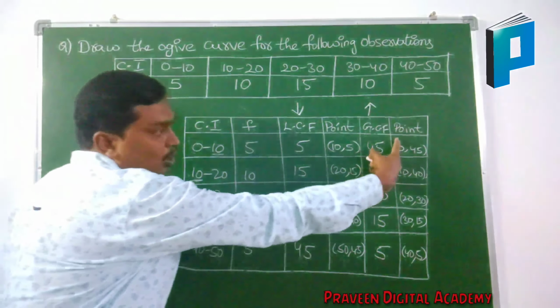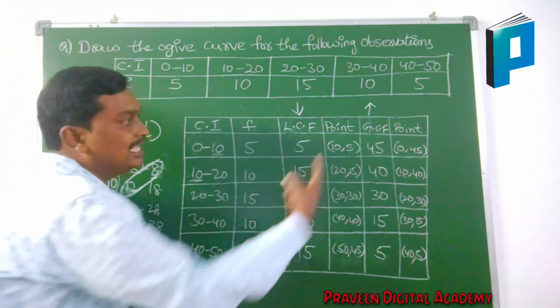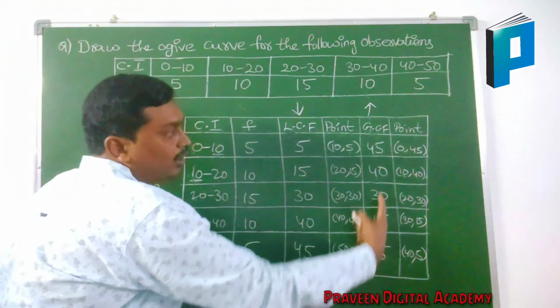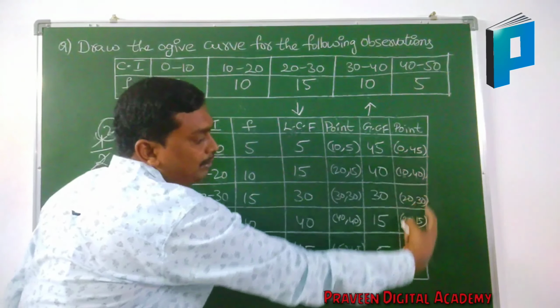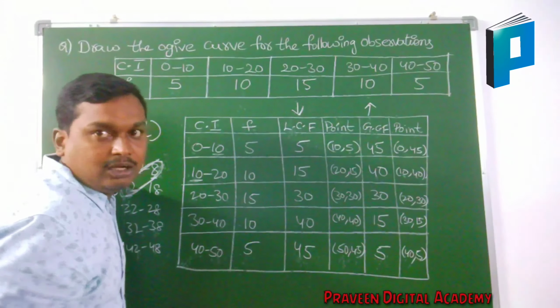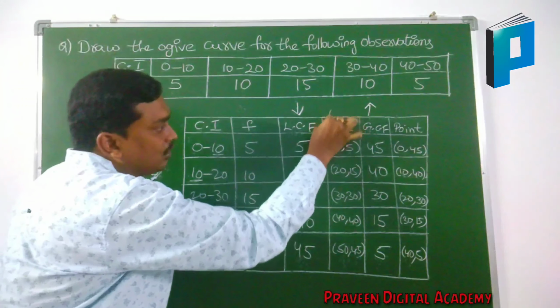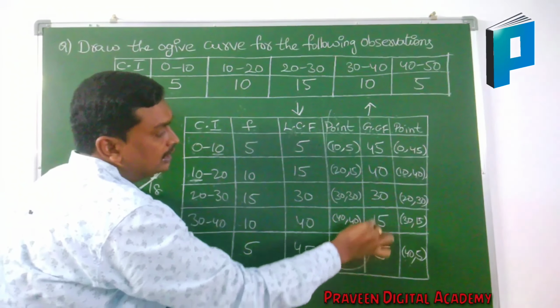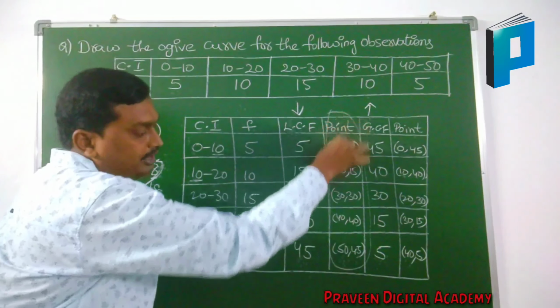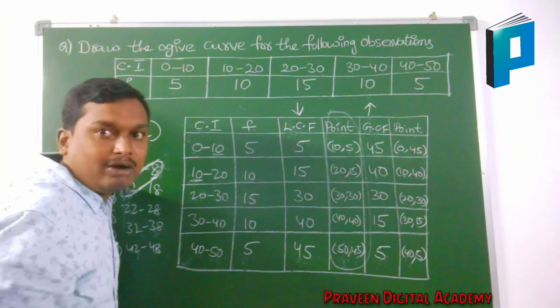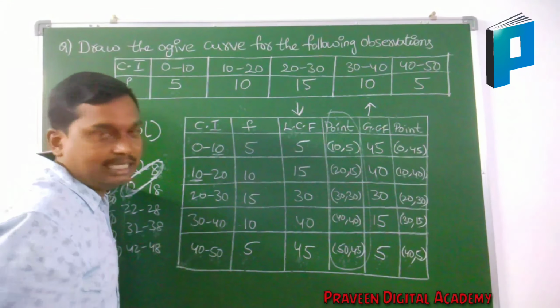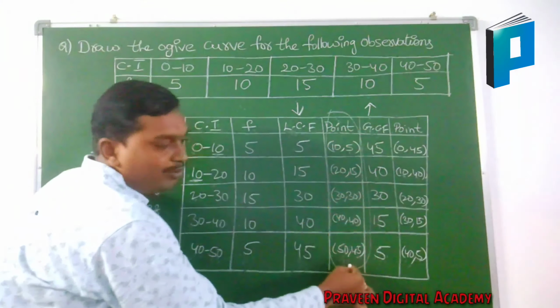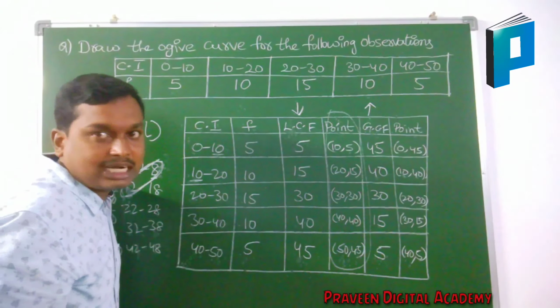The lower boundaries are all x coordinates, and the GCF we got becomes the y coordinate. All these points we have to plot in the graph, and you will get the LCF curve.